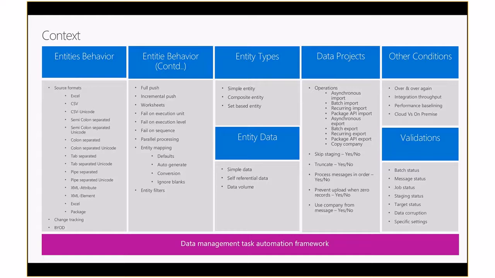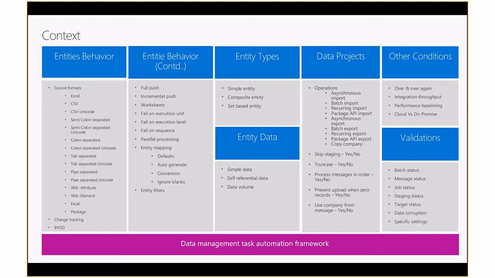Then moving forward are the entity types, right? So as we all know, there are simple entities, composite entities, and cell-based entities. So again, depending on what Microsoft ships and depending on what the implementation team starts building on their own, they should be able to leverage this automation capability to test all around for whatever entities the team is building. The entity data also plays a good role in the final outcome of the import-export process, right?